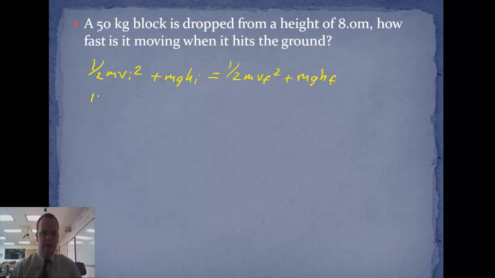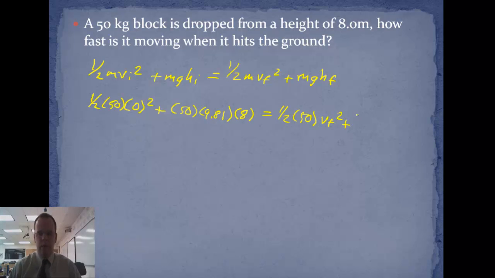Start plugging in our values. 1/2, 50, it's being dropped, so the initial velocity is 0. 50 times 9.81 times 8 equals 1/2 50 v final squared, that's what we're solving for, plus 50 times 9.81, at the ground the height will be 0. So this whole side becomes 0.